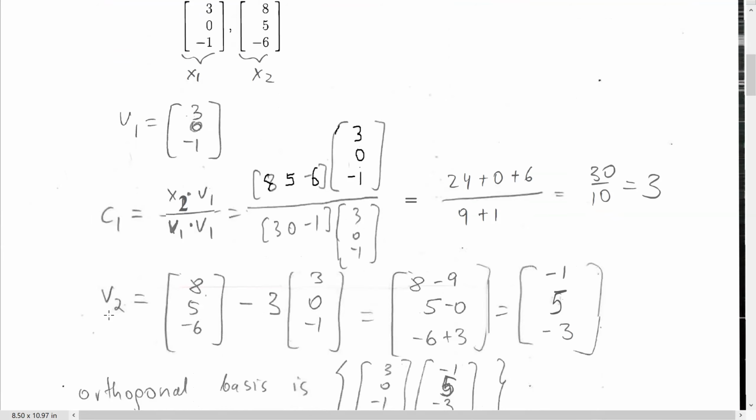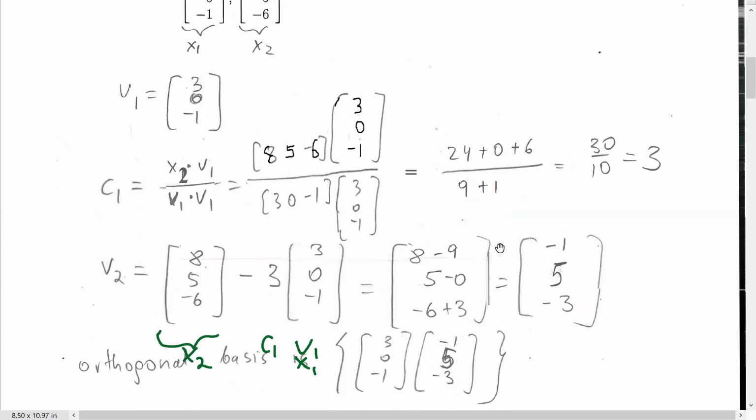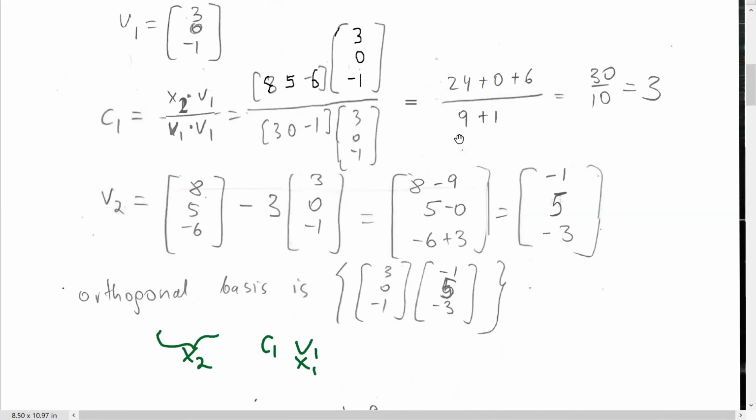And then my vector v2 is x2 minus this scalar c1 times vector v1, which is nothing else but x1. So then I substitute and compute those two. That gives me already two vectors: the given vector v1, and this is v2.